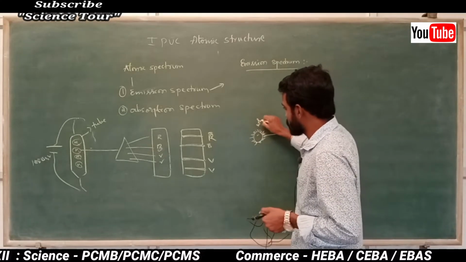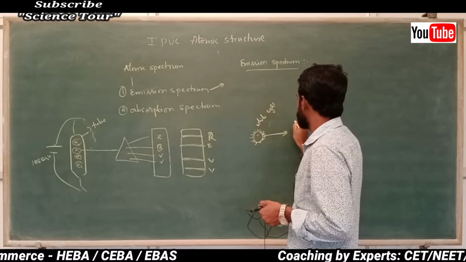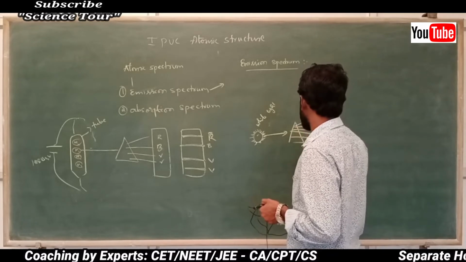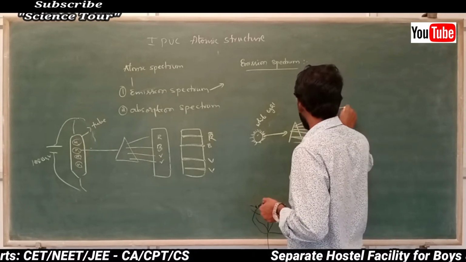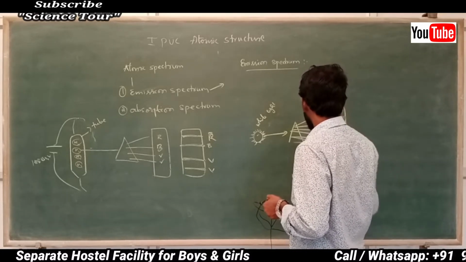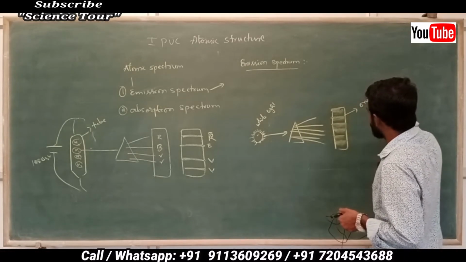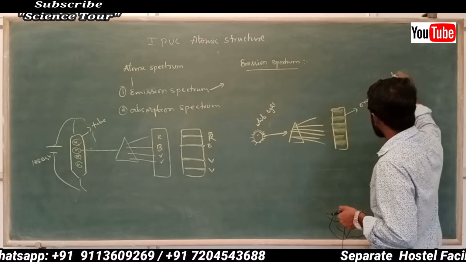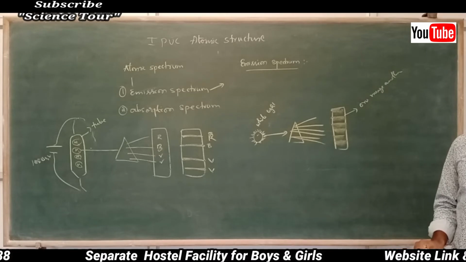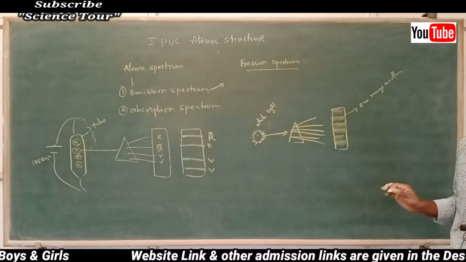This is white light, it passes through a prism, it gives 7 different colors, and you are arranging these colors so that one color merges over another color. Understood? Look at this, correct?